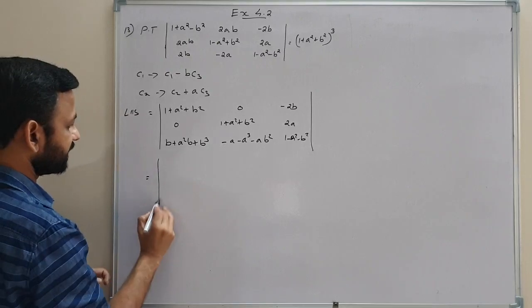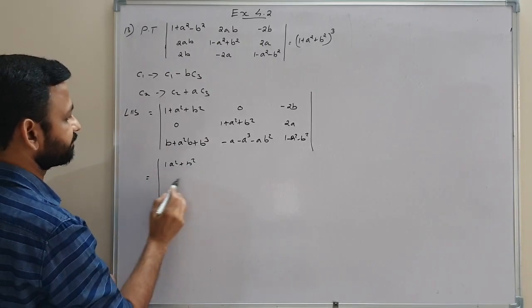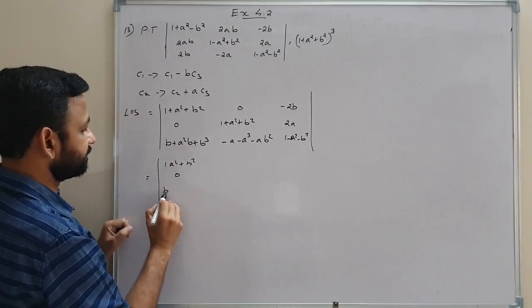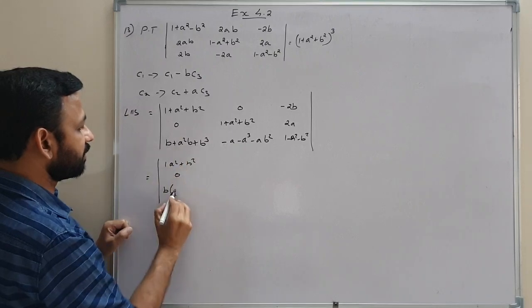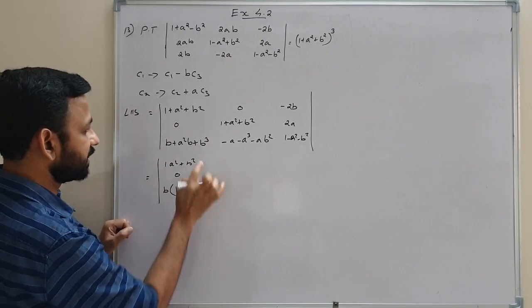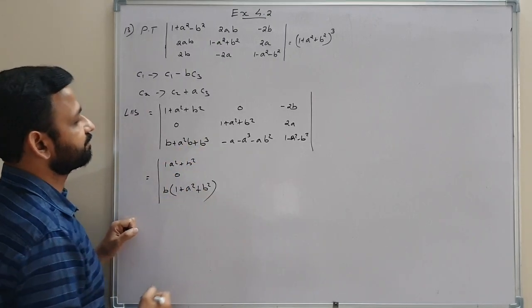So first determinant, first column 1 plus a square plus b square, and here we have 0. And we will take b outside. B into, when we take b outside, 1 plus a square b outside plus b cube. When we take b outside from b cube, it will be b square.